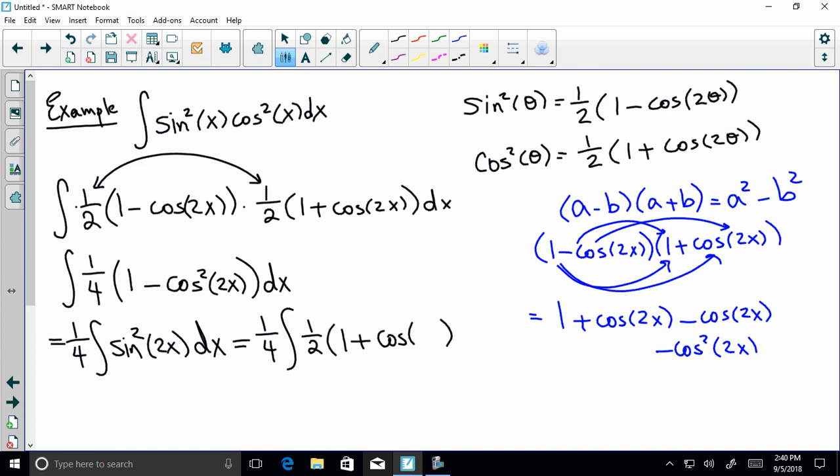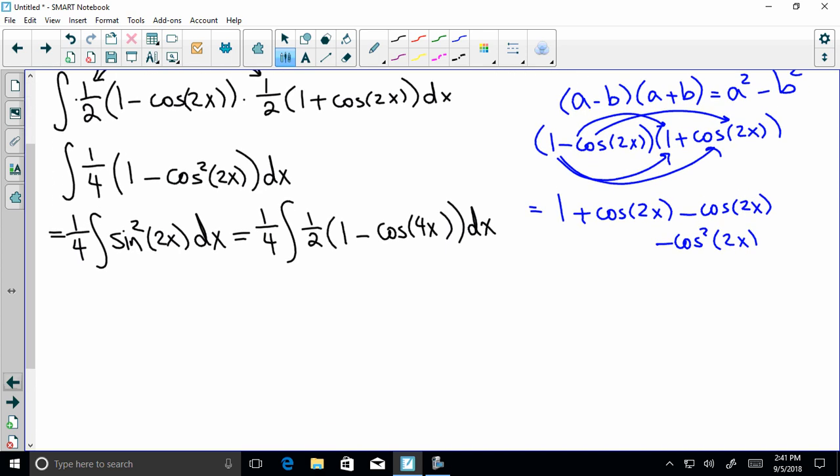You double whatever you've got. If I put 2x, I get 2 times 2x, which is 4x. So double the angle. No, minus. That's being late. All right, minus. So the sine squared of 2x is 1 minus cosine of 4x over 2. All right, almost there, right?